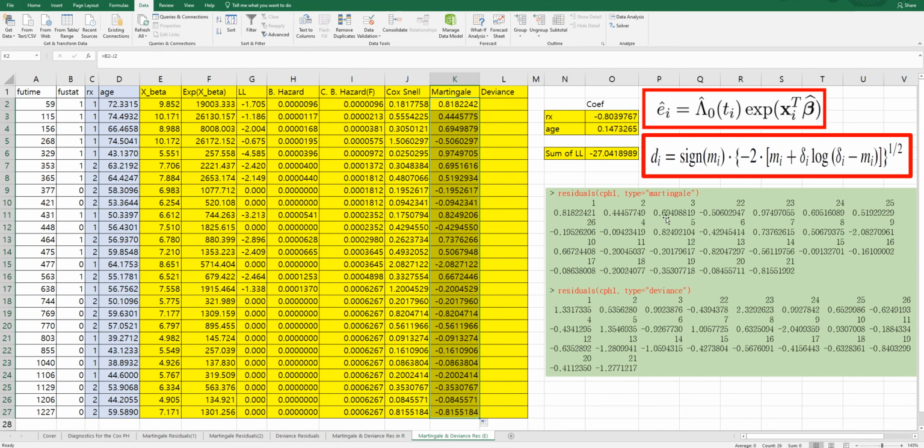These are the same as our R output. Right. Then deviance can be calculated by using this formula.